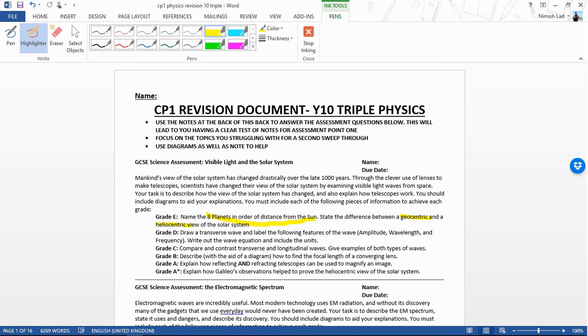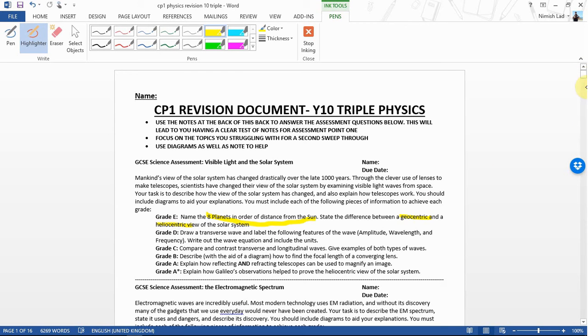That's 9 planets. Remember, Pluto is no longer a planet. So instead it's Mercury, Venus, Earth, Mars, Jupiter, Saturn, Uranus, and then Neptune. Alright, so that's the order of the planets.